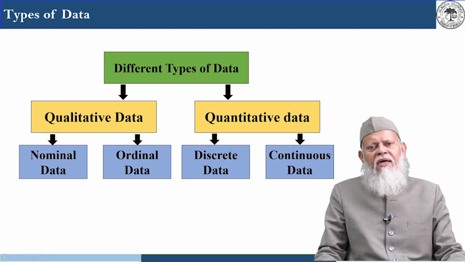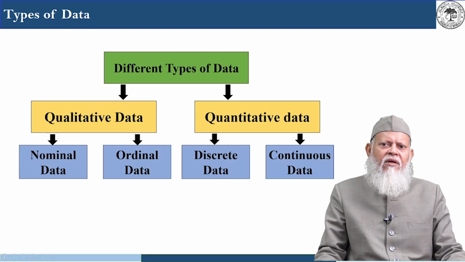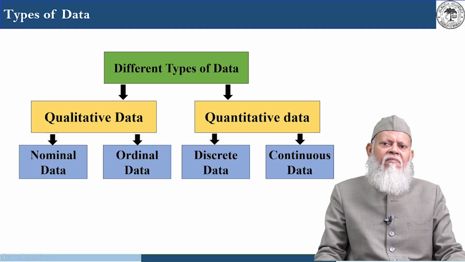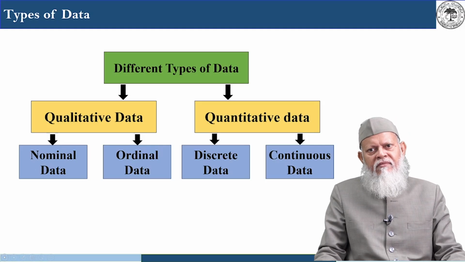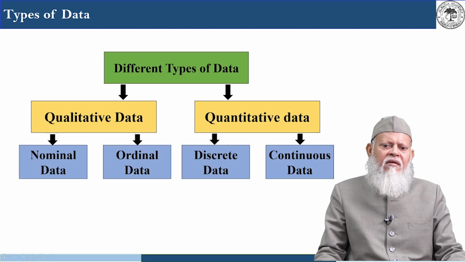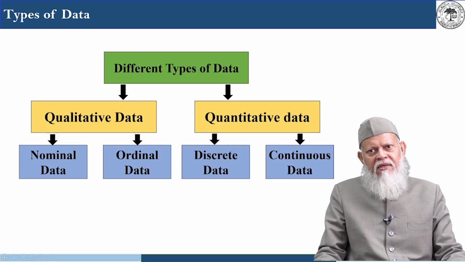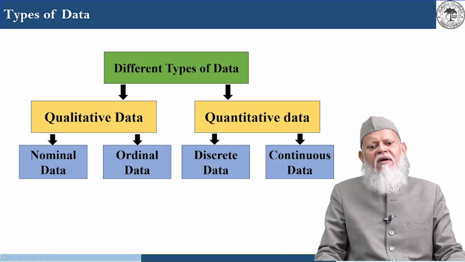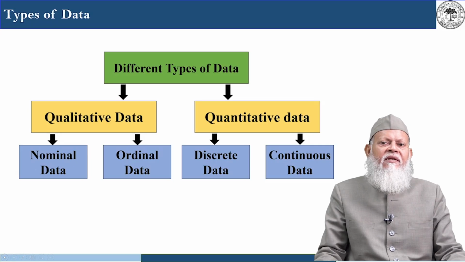Either there would be 100 trees or 101 trees. There cannot be 100.5 trees. That is the discrete data. Or the siblings. Either there could be 2 siblings or 3 siblings. There cannot be 2.5 siblings. This is the discrete data, which cannot be expressed in decimals.